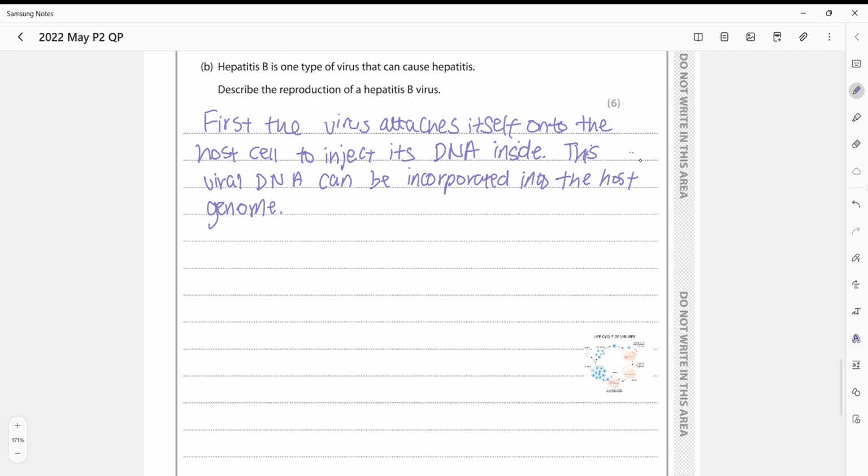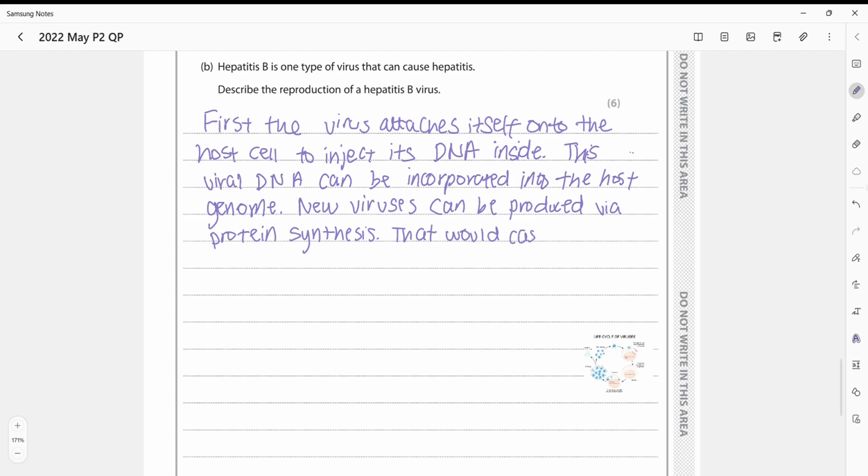And so new viruses can be produced via protein synthesis that would cause the cell to undergo lysis.